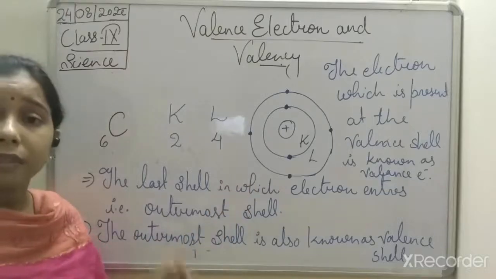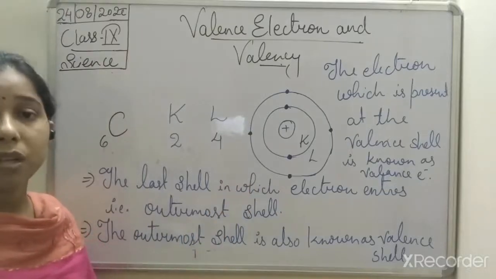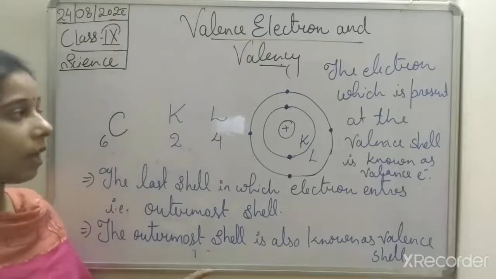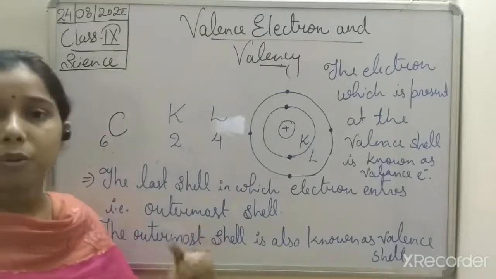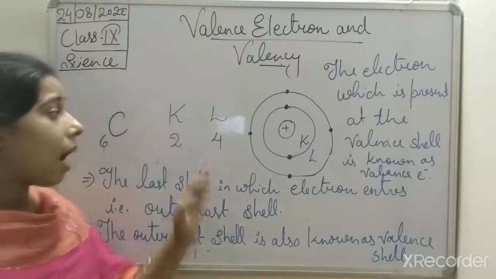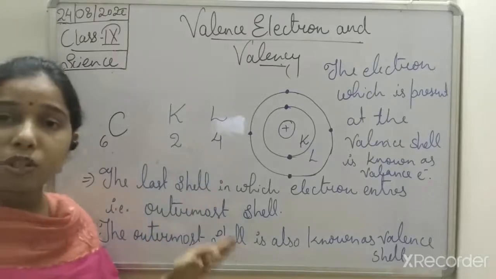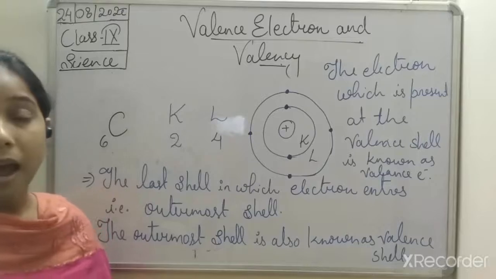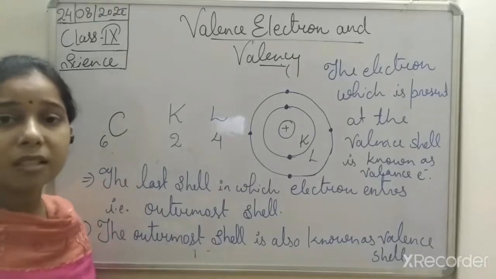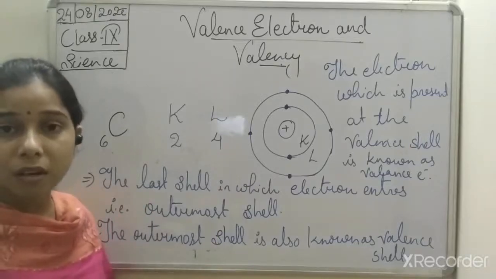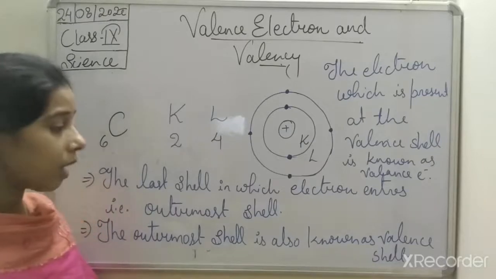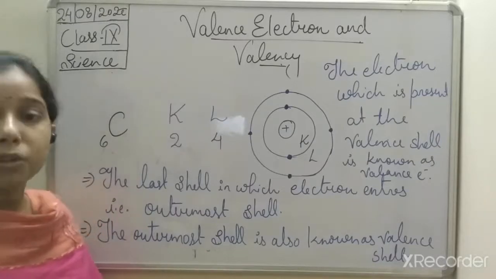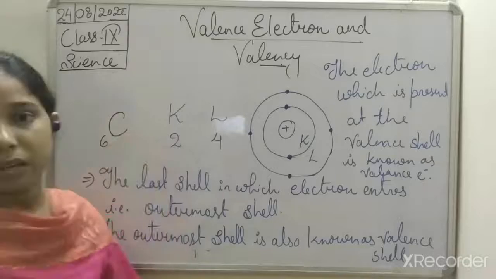The electron which enters into the last shell, that will be known as the outermost shell, and that outermost shell is also known as the valence shell. And the electrons present in the outermost shell, or the valence shell, are known as the valence electrons.